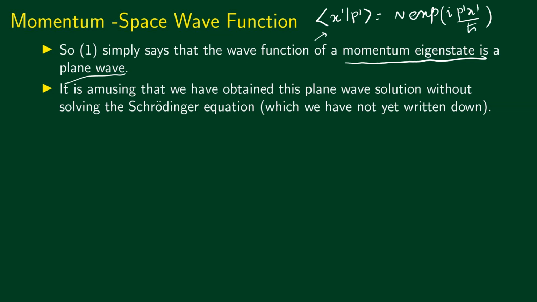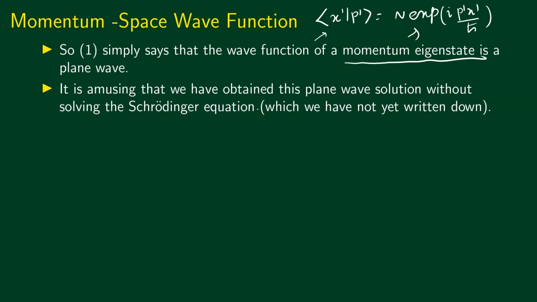Now this is called a plane wave. It is amusing that we have obtained this plane wave solution without solving the Schrodinger equation. We have not yet seen the Schrodinger equation. Later we'll see that the wave function of a physical system evolves according to the Schrodinger equation. The time evolution of the wave function is governed by the Schrodinger equation.